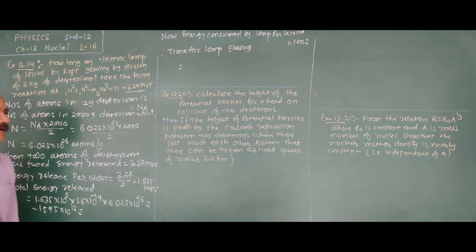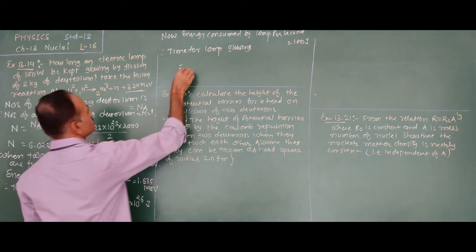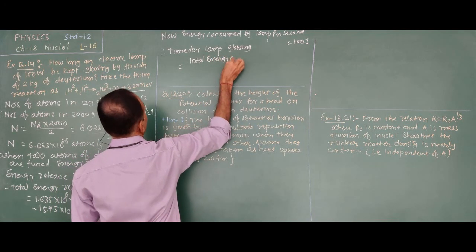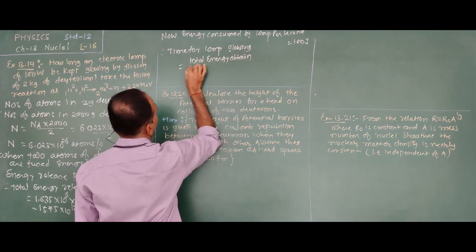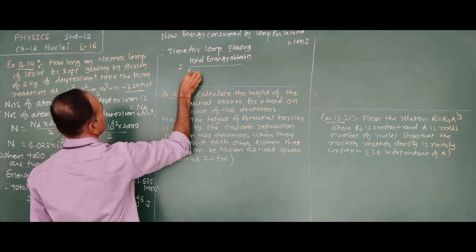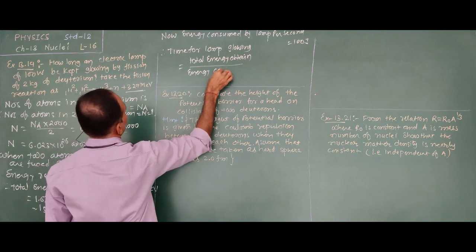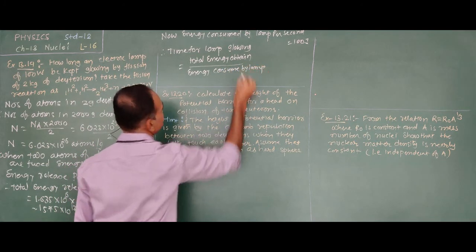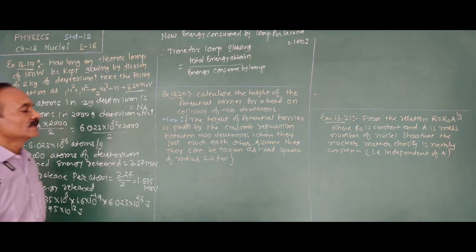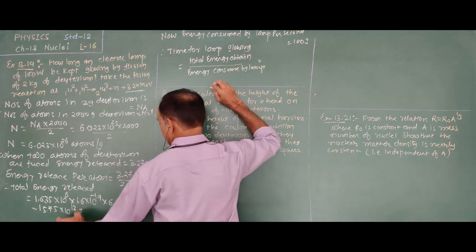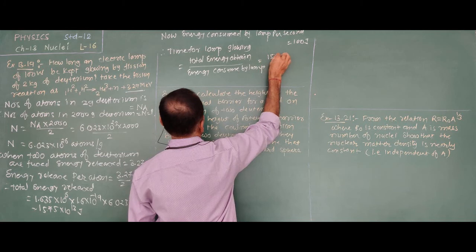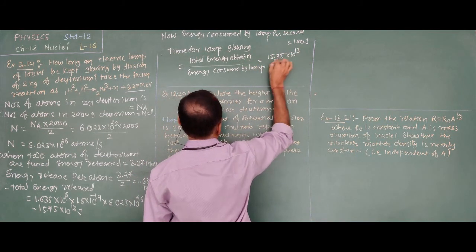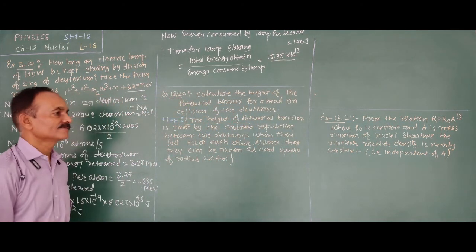is equal to total energy obtained divided by energy consumed by the lamp. Therefore, total energy produced is 15.75 into 10 to the power 13 divided by 100.